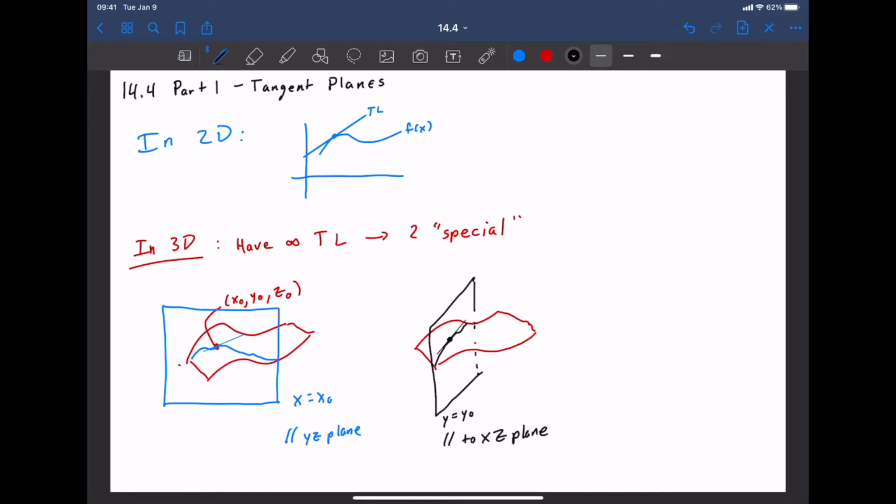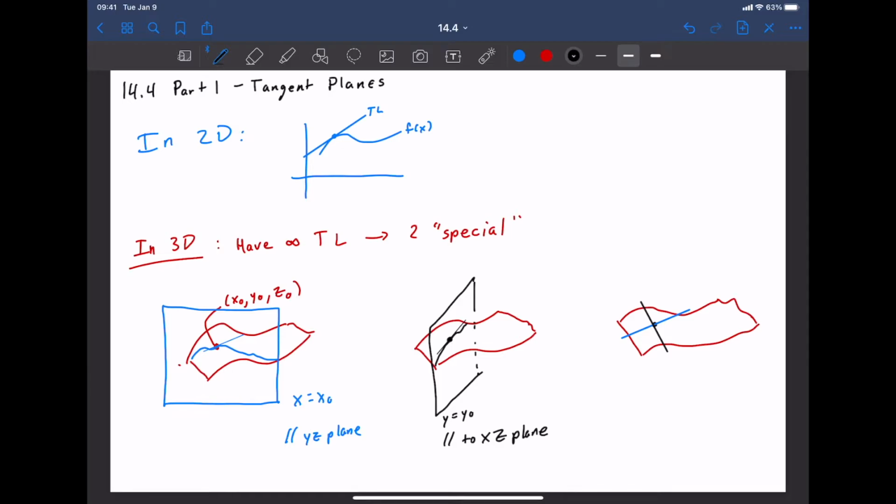So I know it's kind of hard to visualize, but all together now, that gives me, on that same surface, at that same point, one special tangent line parallel to the yz plane, and one special tangent line parallel to the xz plane.